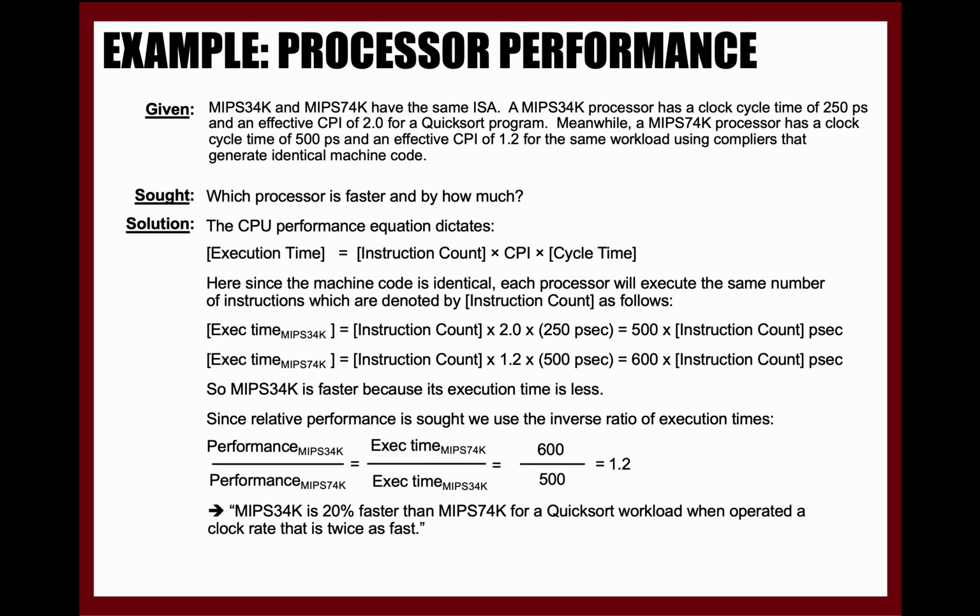This infers that the MIPS 34K processor is 20% speedier than the MIPS 74K, even for a quicksort workload, where the latter operates at a clock cycle that's twice as fast. In conclusion, while clock speed is vital, other factors such as CPI play a significant role in determining a processor's overall performance.